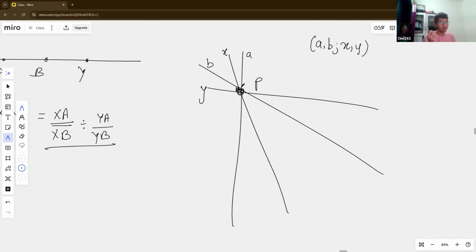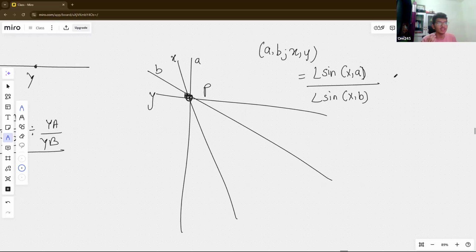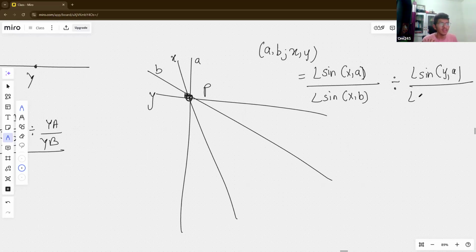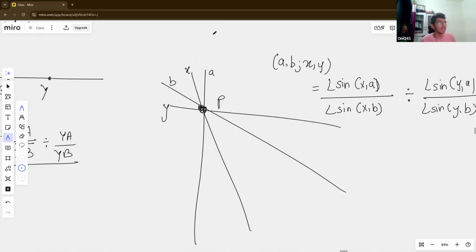If we have a common point P and there are 4 lines passing through it, this cross ratio is defined as follows: sine of the angle between x and a, divided by sine of the angle between x and b, and then you do the same division thing with y: sine of angle ya and sine of angle yb. This is the definition, okay? So this is the cross ratio for lines.